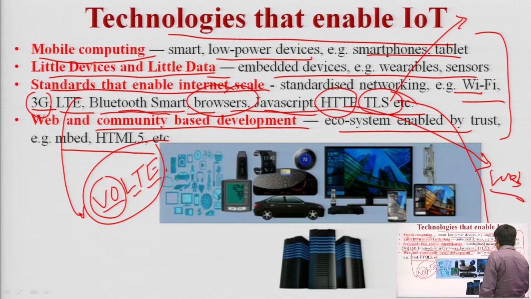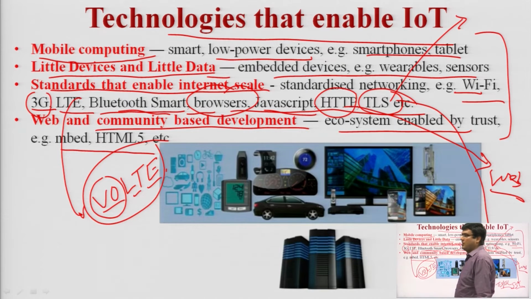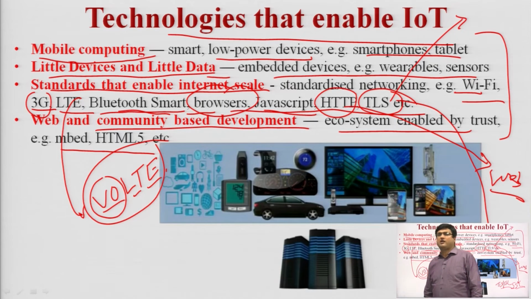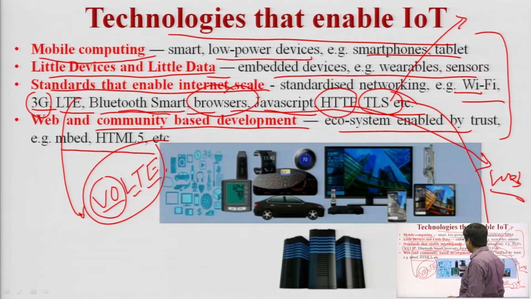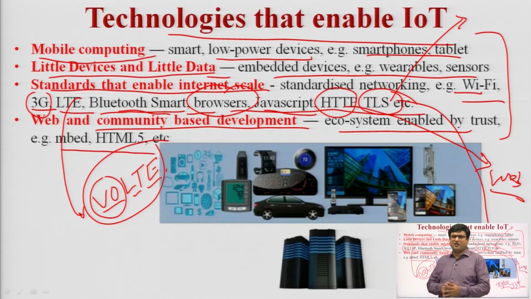So TLS and SSL, these types of protocols we use to send data and to communicate between our hardware and the remote servers. So there should be some protocol standards. Without standards, one could build hardware and collect data from anywhere.